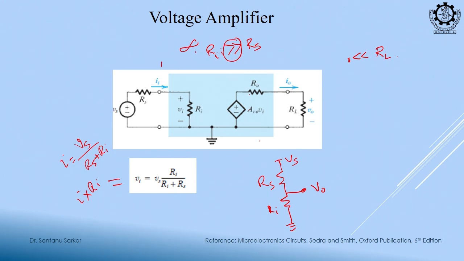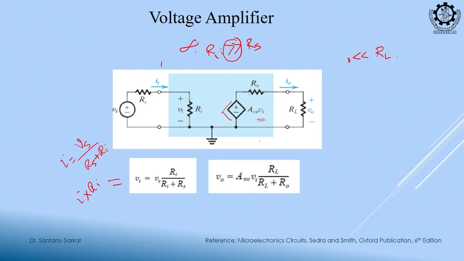Okay. So similarly, can you tell me what is V0? This V0 with respect to this. Can you tell me what is this symbol? This is a dependent source, right? Why dependent? This voltage depends on which voltage? This voltage. If this voltage varies, this gain will also vary. Is this voltage dependent? This is a fixed voltage, constant voltage. Okay, so these are symbol terminologies. So you see this is a constant voltage, I use this symbol.